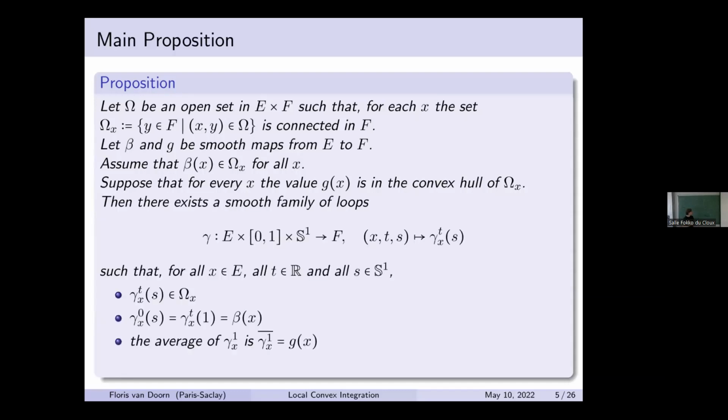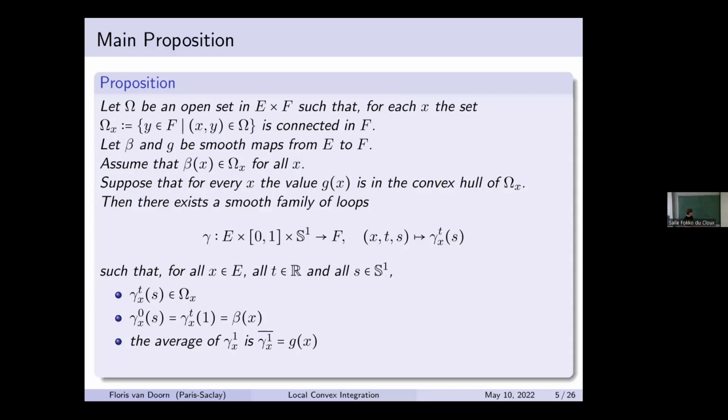And then the conclusion of the proposition is that we have a smooth family of loops, depending on three arguments: the x, which is the point in the domain, the t, which is the variable that indicates the homotopy towards the constant loop, and then it's a loop in F. So the s is just the variable for how far it is along the loop, with these properties.